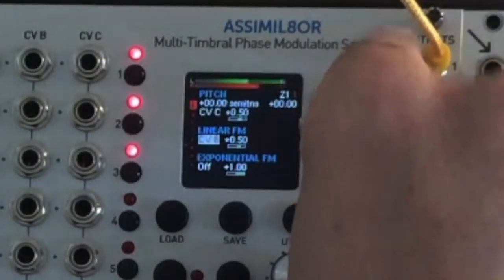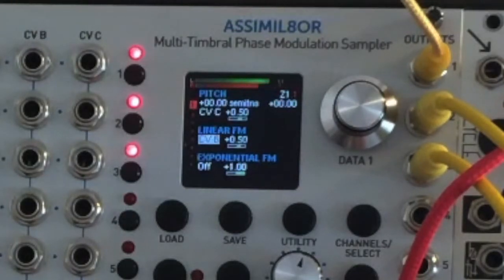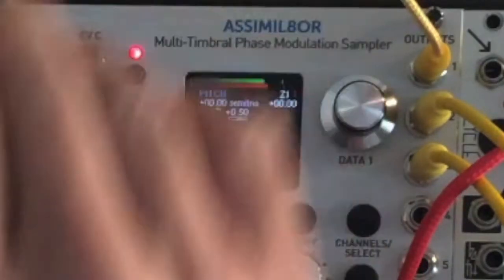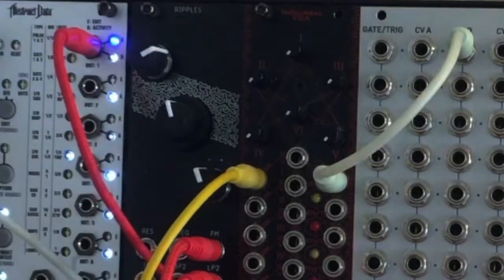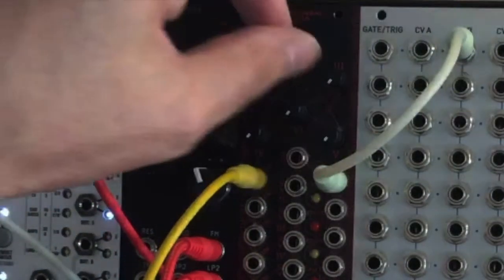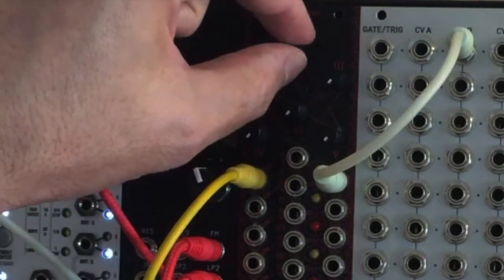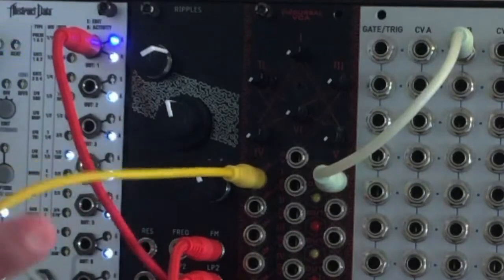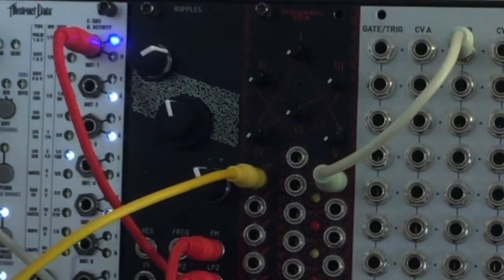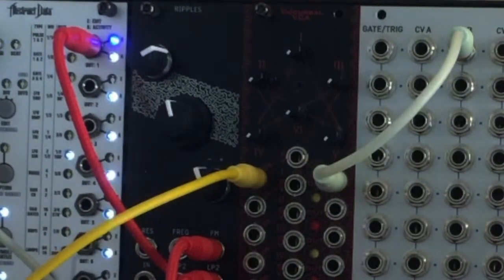CVB is being used for linear FM, and that's coming from here. Now this is going through the Zlob, so I'm using another source of attenuation. Okay, so this yellow cable is coming out of channel 3.